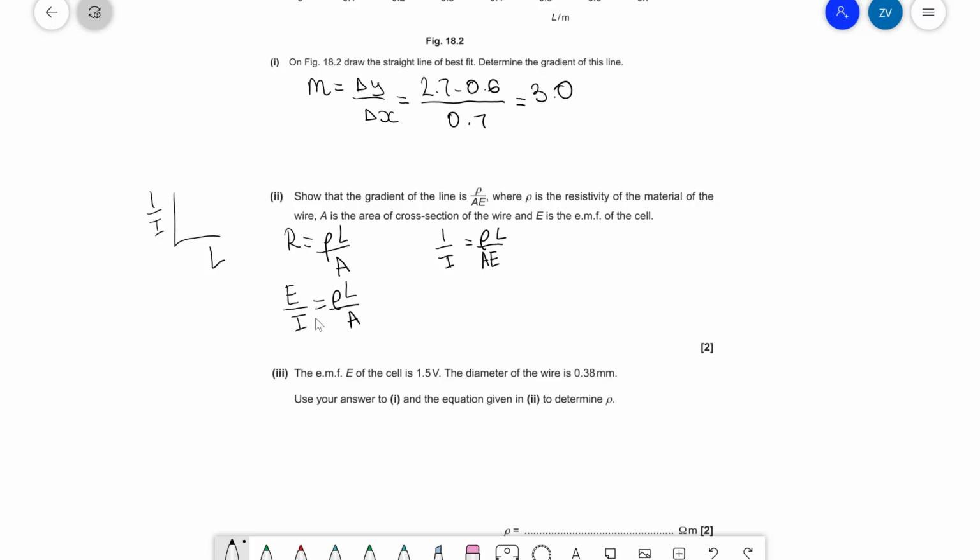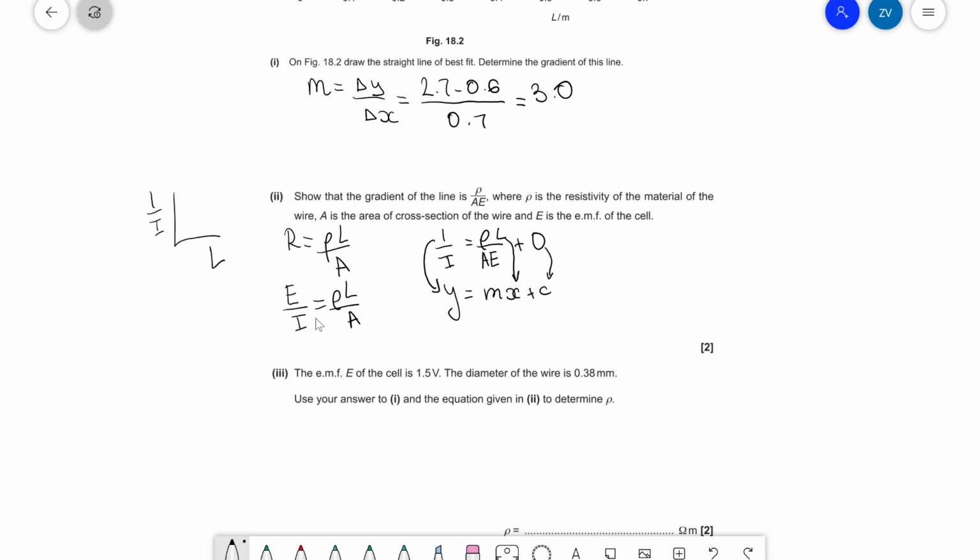Now our next step is simply to compare to y is equal to mx plus c. So y is equal to mx plus c. I'm going to add a little plus 0 because I can. And L is on the x-axis. 1 over I is on the y-axis. The straight line will have an intercept which is pretty close to 0.